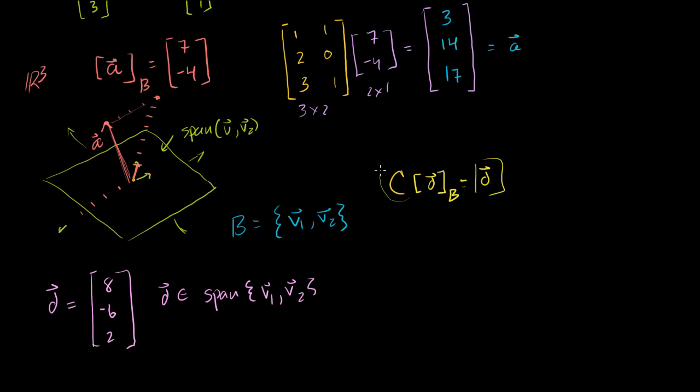We of course know what the change of basis matrix is. So if we wanted to represent D in coordinates with respect to B, we're going to have to solve this equation. So let's do that.